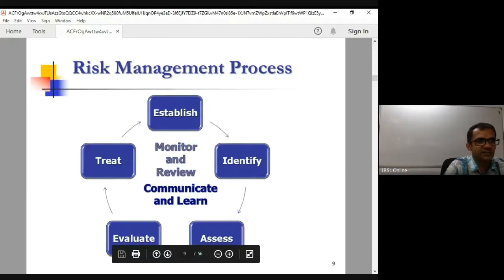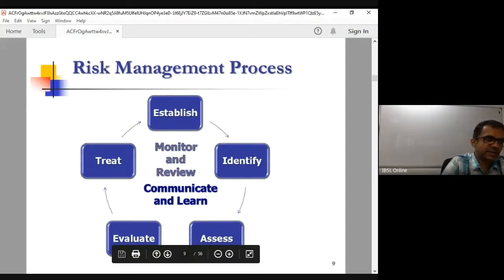All these activities go around, and that means doing repeatedly, because business may change, business environment may change, therefore new risk may arise, then the assessment method we may have to change, the technology changes, then the evaluation methods, there may be much more sophisticated evaluation methods come up with time. There may be new products that we can use to treat the risk. So this is a never-ending process.